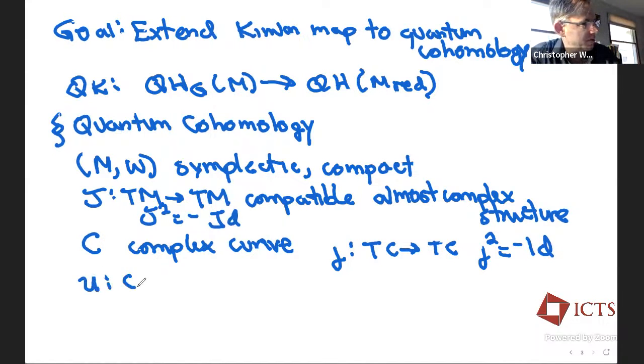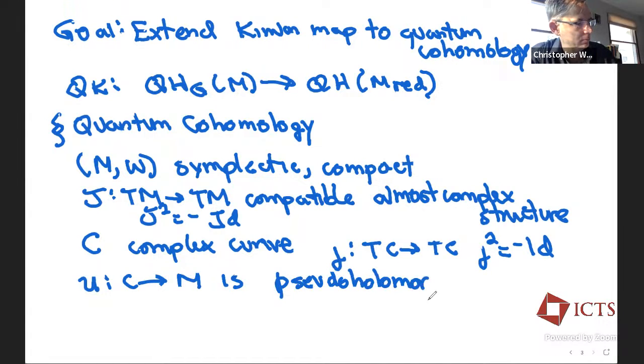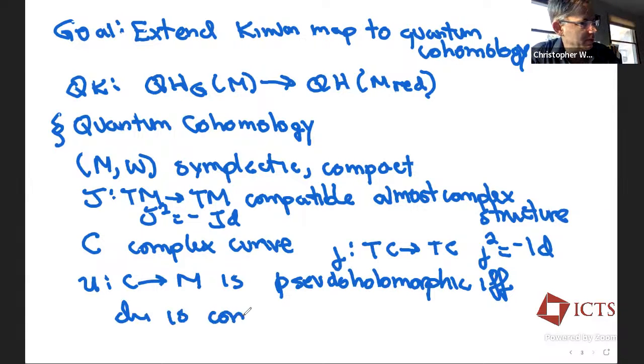And a map from C to M is pseudo-holomorphic if and only if its differential is complex linear on each tangent space.